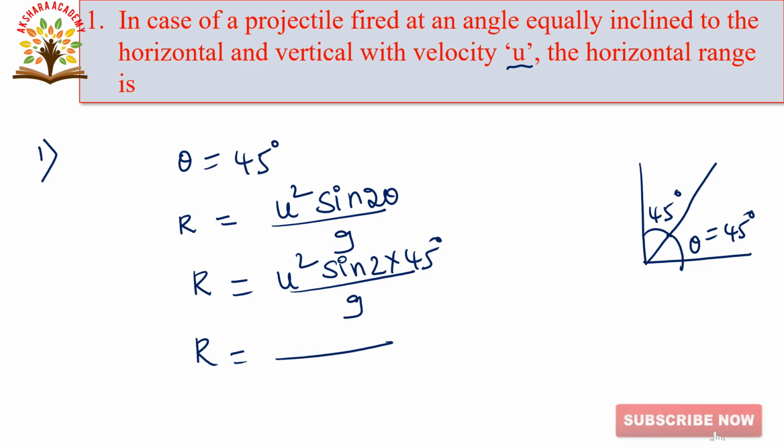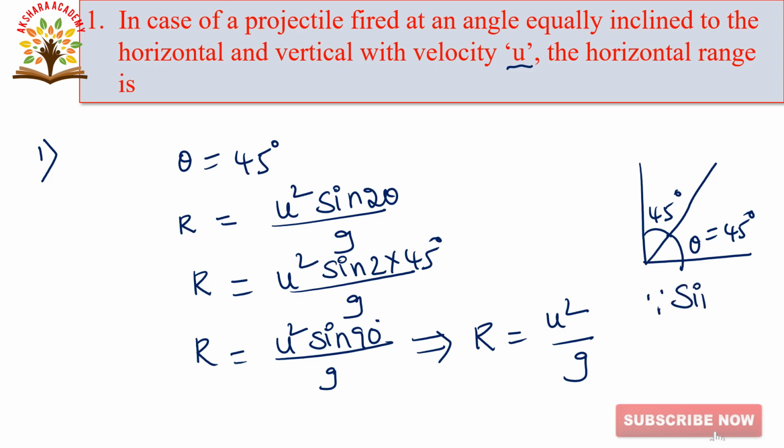Sine 90. So u square sine 90 by g. Sine 90 is equal to 1. So this becomes R is equal to u square by g. Since sine 90 is equal to 1, therefore the horizontal range, the final answer, R is equal to u square by g.